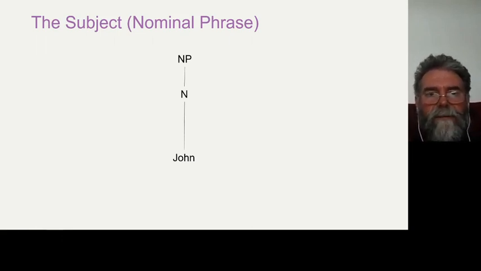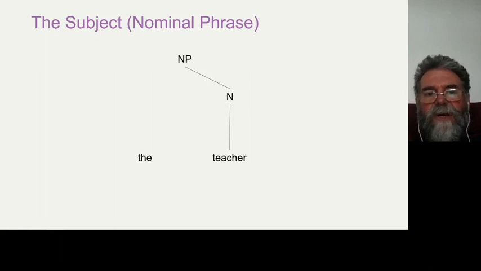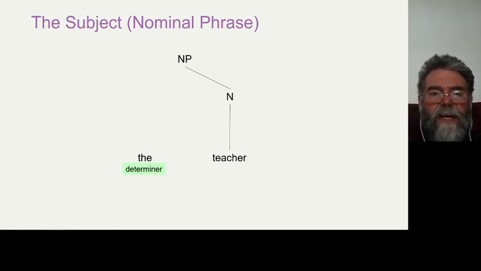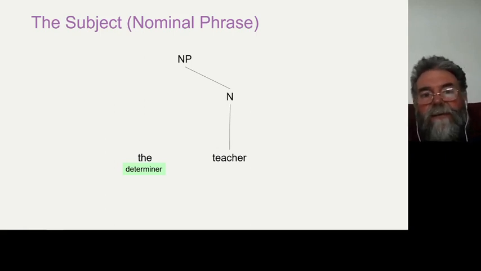Of course, we can also have more words inside the NP. For example, we can have a noun like teacher accompanied by a word like the, as in the teacher. Now, this word is often referred to as a determiner. Okay, its category is that of determiner. It's sitting in a position where other elements of the same category, such as the word a, as in a teacher, or this teacher, or some teacher, or every teacher.